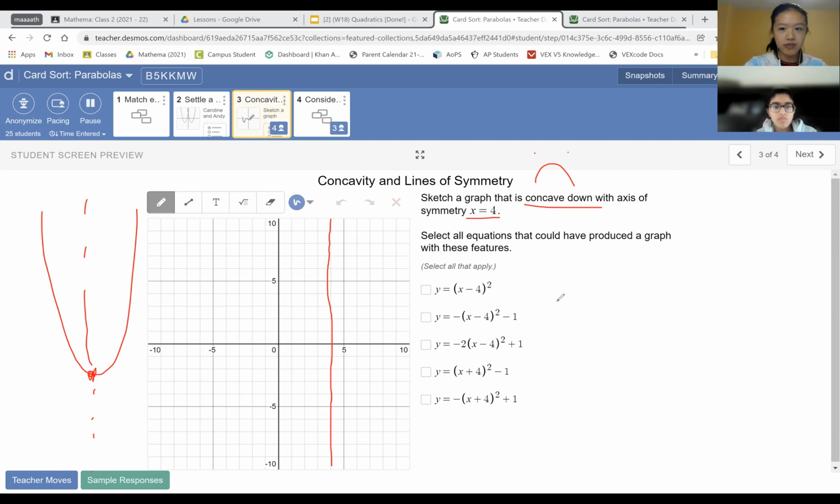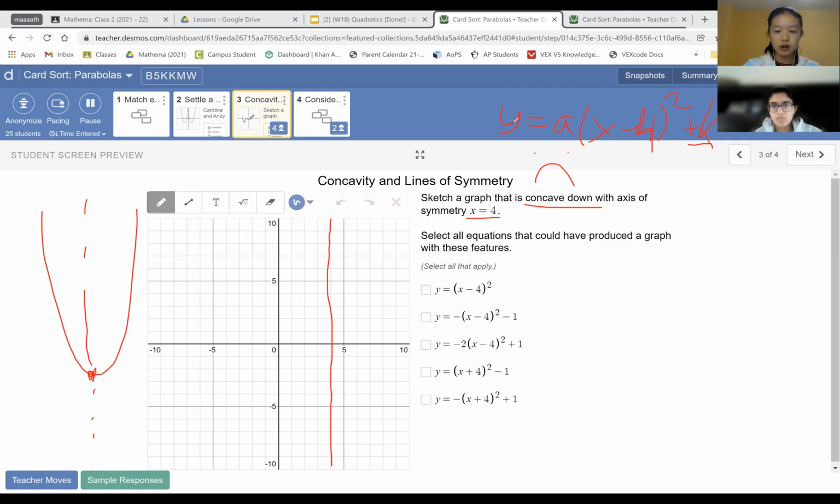If you remember vertex form, y equals a times x minus h squared plus k. At this point, we don't care about the k value because that's the y coordinate. It doesn't matter where this graph is, just as long as the x coordinate of the vertex is 4. So basically the h is 4.